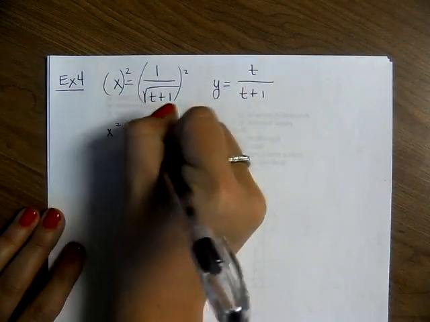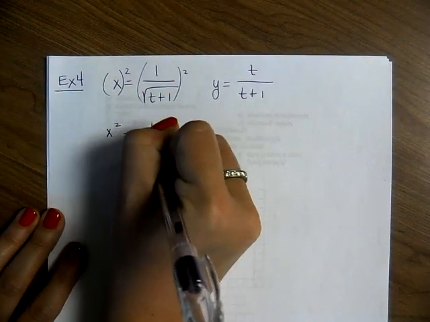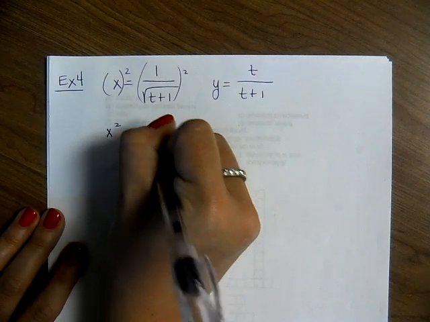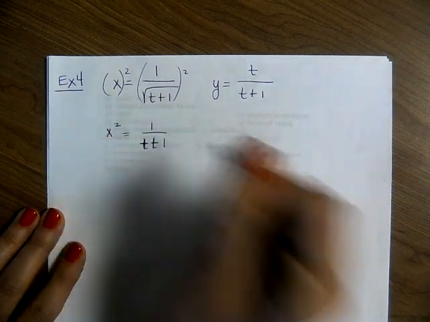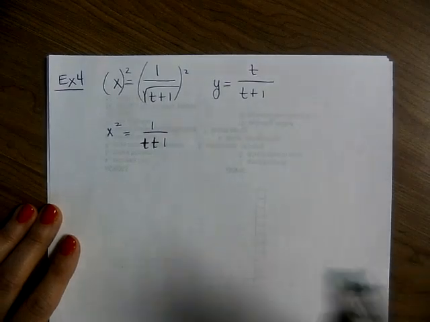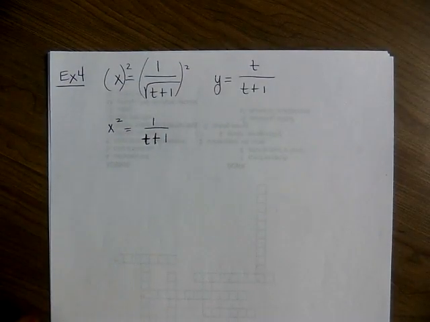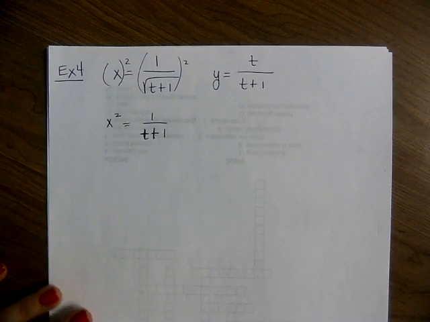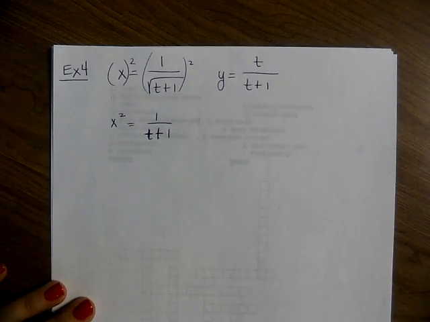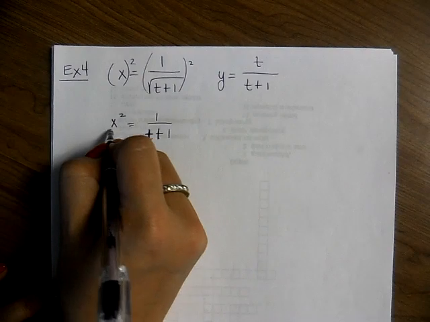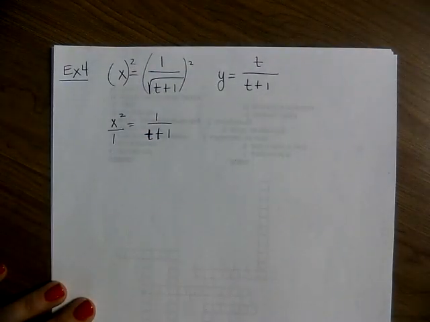So I have x squared equals 1 over t plus 1. How about if I wrote it like this? What can you do now?